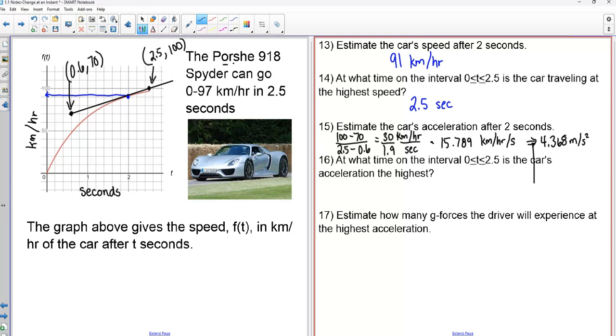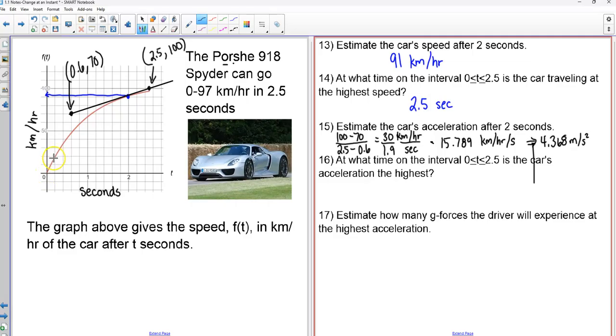Okay, so the next question says, at what time on the interval does it look like acceleration is the highest? Where do you guys think? What do you think, Avid? Okay, right here, somewhere in this part.